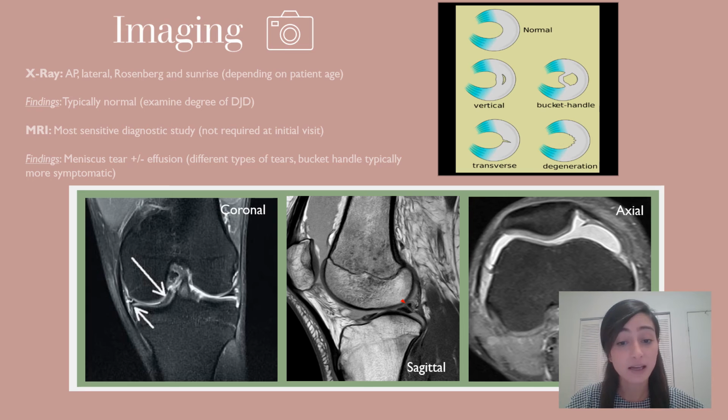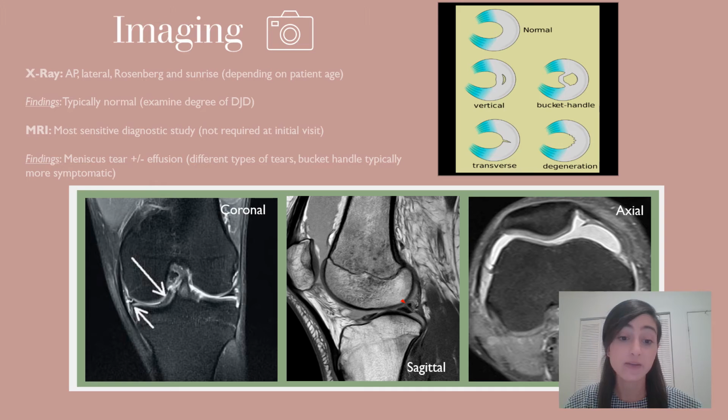But technically, in acute presentation of a meniscus tear, you don't have to order the MRI right away because we can start with conservative treatment for our patient. And if they don't respond to conservative treatment, that's when we typically order the MRI when we're thinking about surgical planning for that patient.